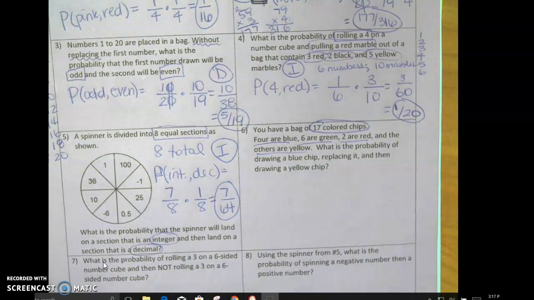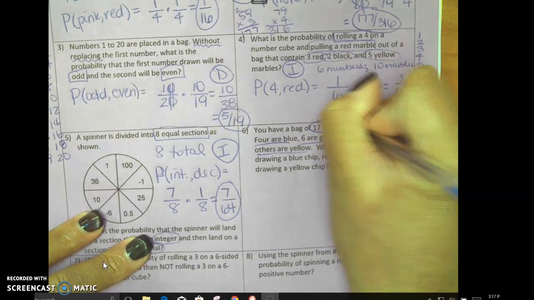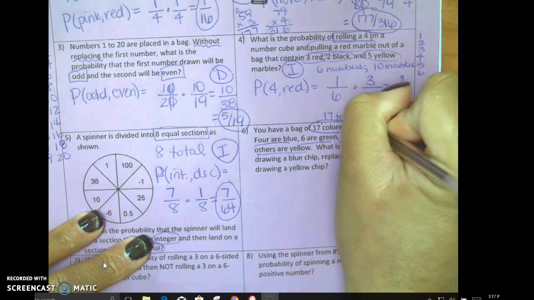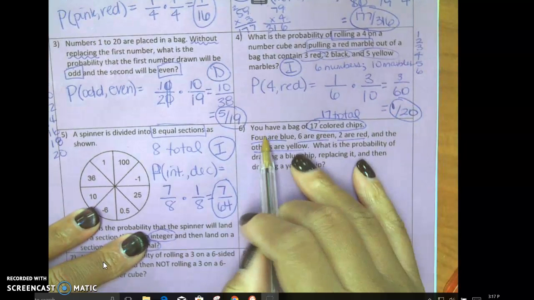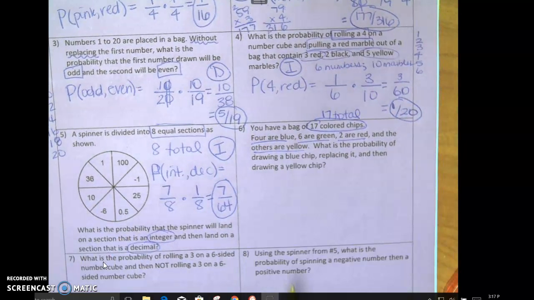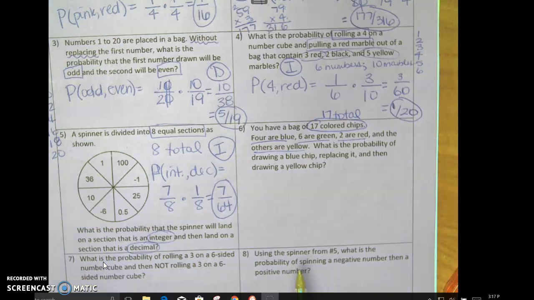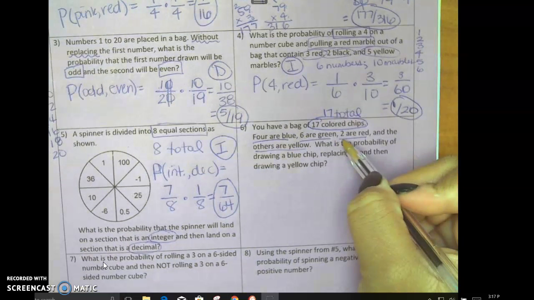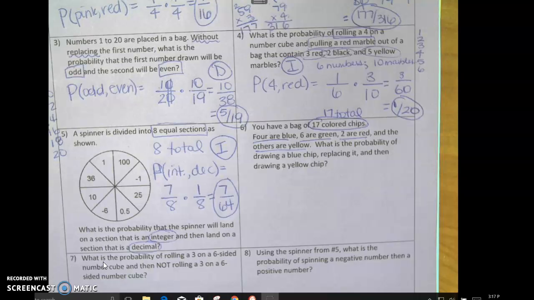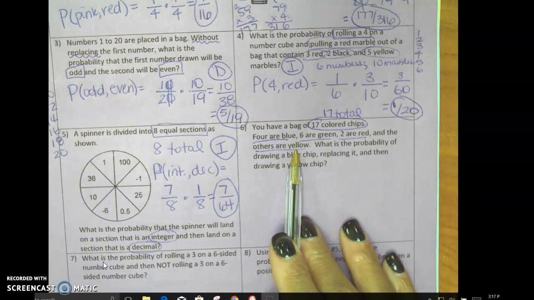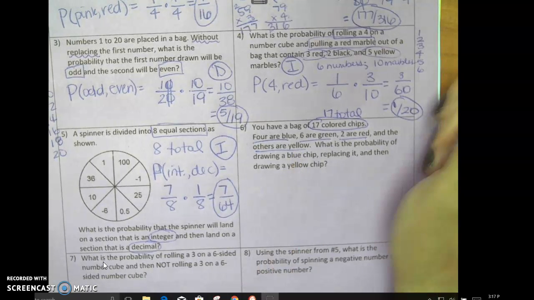It's in the first sentence. Thank you. 17 is my total. If 4 are blue and 6 are green, how many is that so far? 10 plus 2, 12. And then I need to get to 17. So how many are yellow? 5 are yellow.